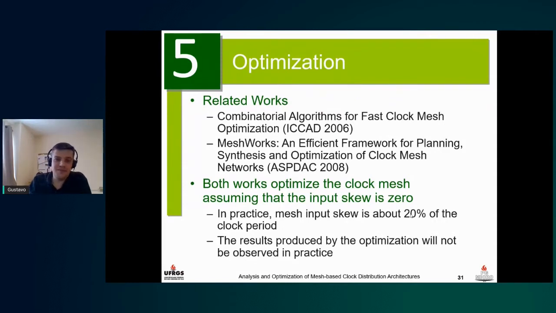Okay, so now that we talked a bit about the analysis, let me talk about the optimization. Since we can now simulate and analyze the clock mesh accurately, we can try to optimize it.